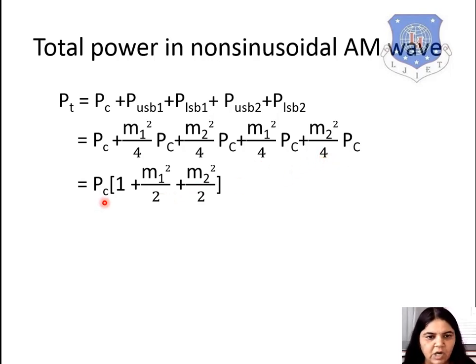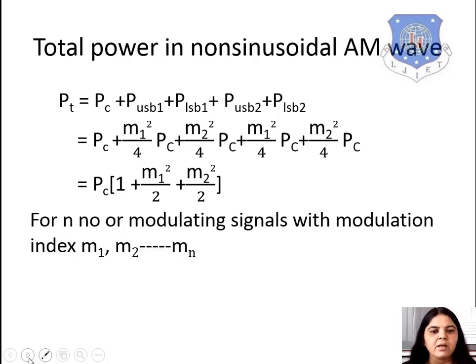I will take PC common. It is 1 plus M1 square by 2, as M1 square by 4 plus M1 square by 4 is M1 square by 2, and M2 square by 4 plus M2 square by 4 is M2 square by 2. So whenever two signals are there, the total power required to transmit the signal is PT equal to PC in bracket 1 plus M1 square plus M2 square by 2.